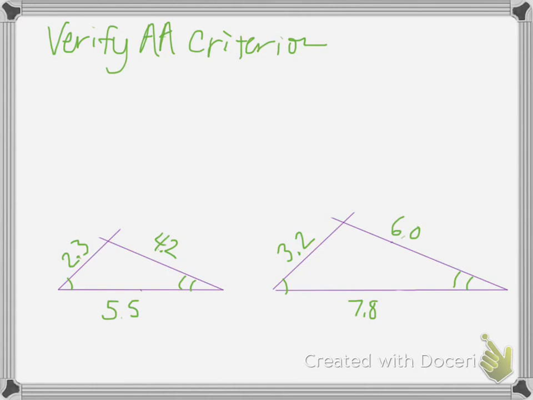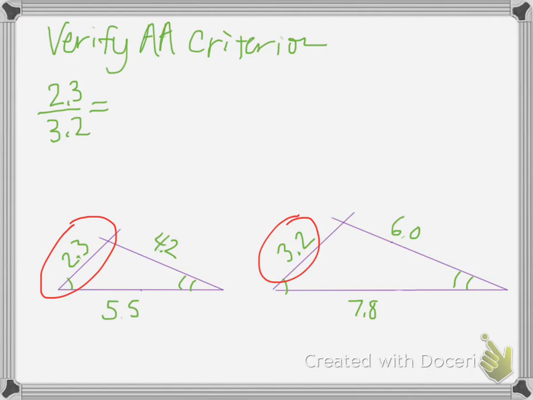And so what I've done, if I take 2.3 divided by 3.2 and check the ratio of this first pair of corresponding sides, and when I do that, I get 0.6969 repeating, which is approximately 0.70. Okay, and then I want to do all three pairs.